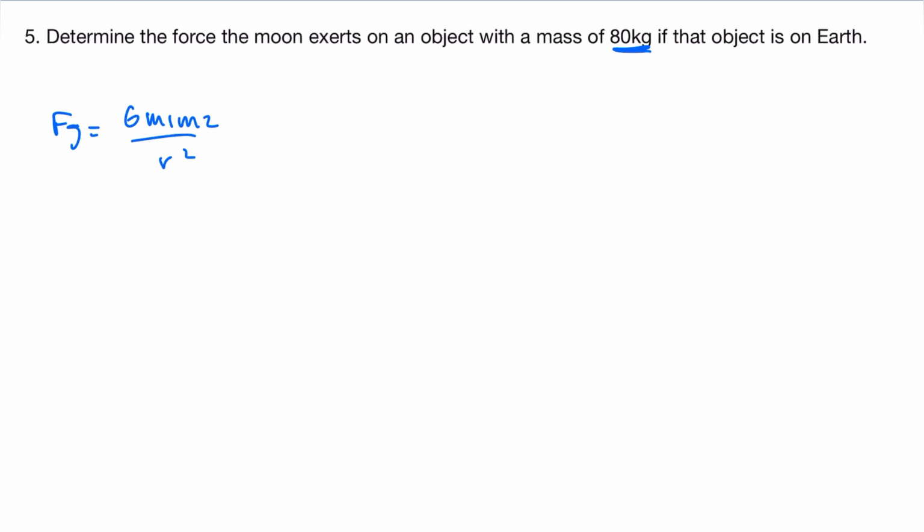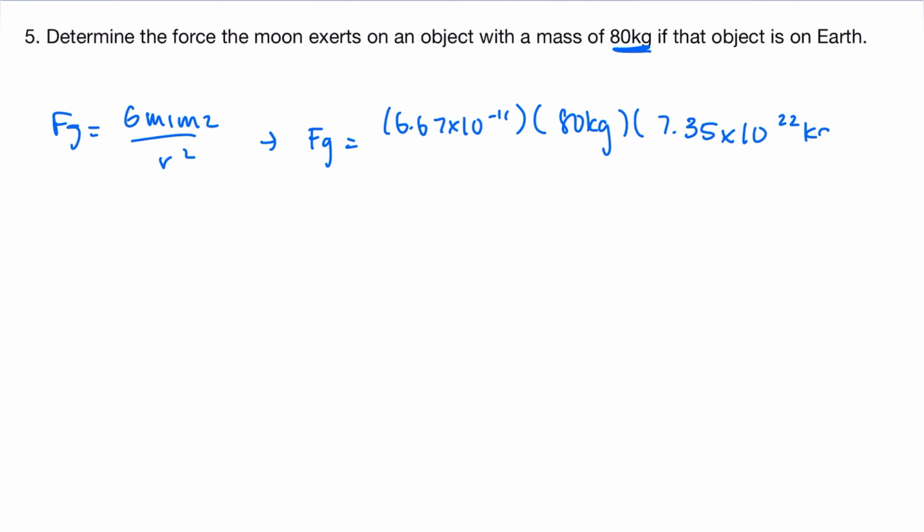All these values are on the first page of our reference table, so we just look for those and then we can solve. So Fg equals big G, 6.67 times 10 to the negative 11th, times mass 1, the mass of our object, 80 kilograms, times mass 2, the mass of the moon, which is 7.35 times 10 to the 22nd kilograms.